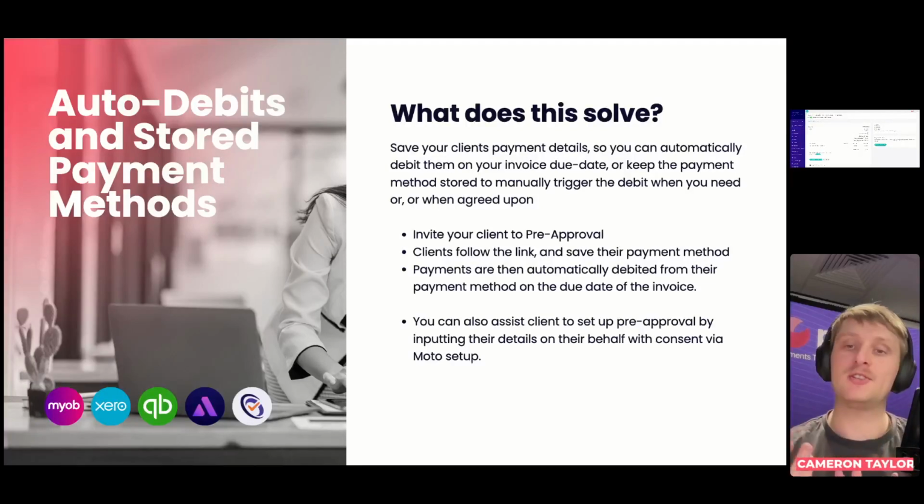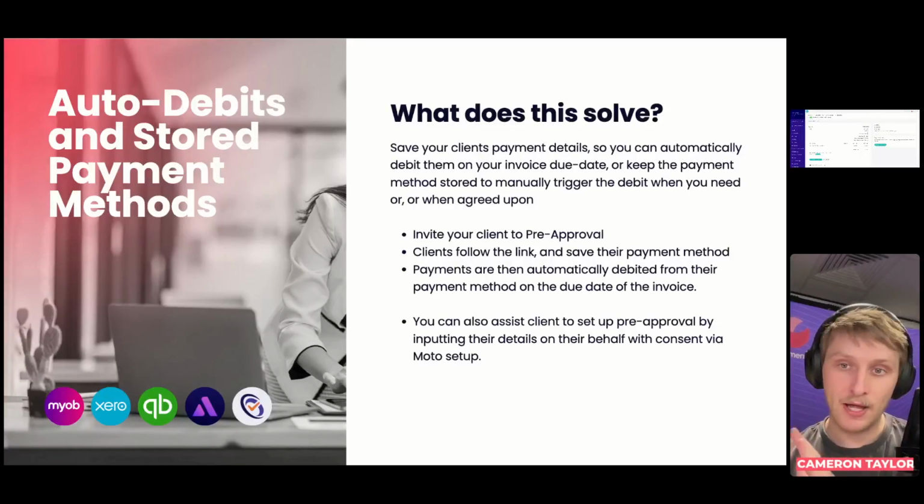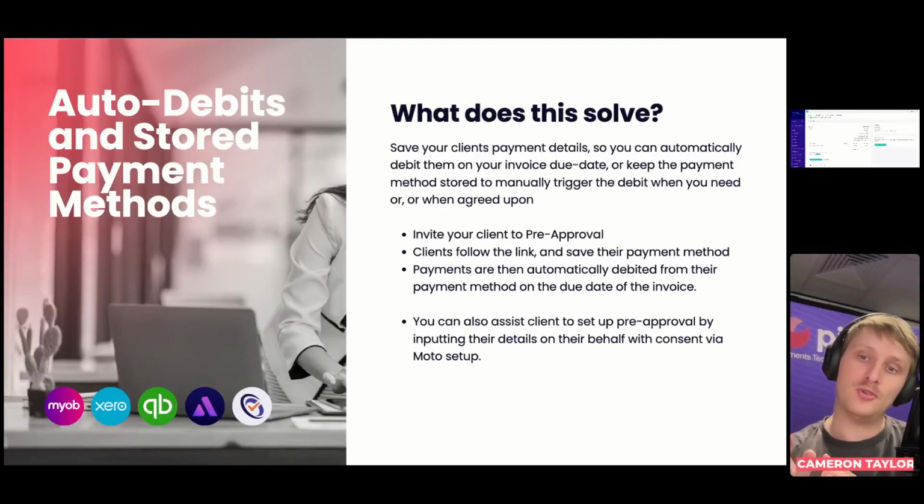So when Pinch refers to an auto debit, that could be a card being automatically charged or a bank account being automatically charged. There is no specific distinction on that. So that's what we mean with auto debits. The term that we actually use that encapsulates the whole process of saving a payment method and using it is a pre-approval. So that's the terminology that we use.